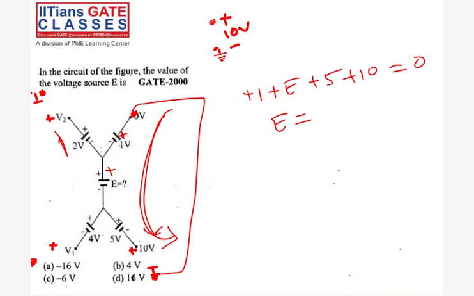So E is minus 16 volts. You can do the same here also. The thing is, you need to first find out the values of V2 and V1. Then you can use the KVL equation here after finding the voltages V2 and V1.